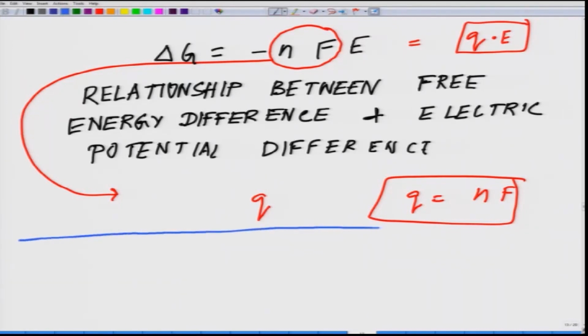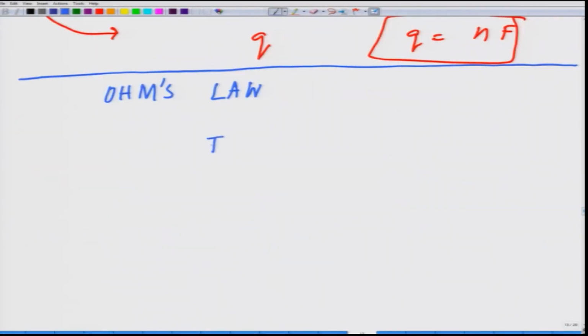Next, we will move on to the most fundamental, which is Ohm's law. Ohm's law states that I is equal to E upon R. Some people write E as V, which is voltage, or potential difference.